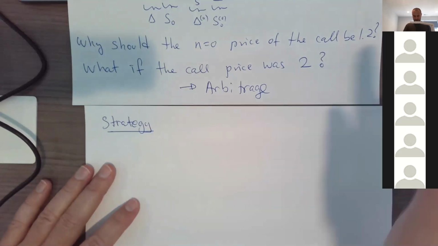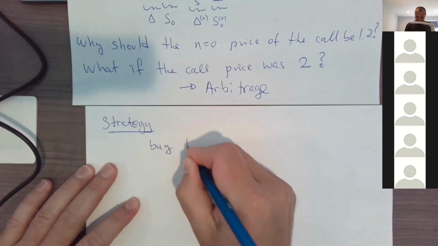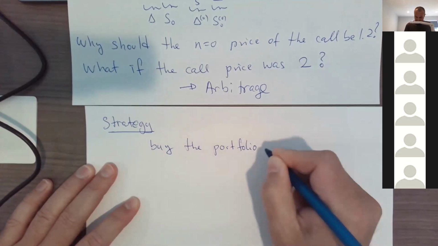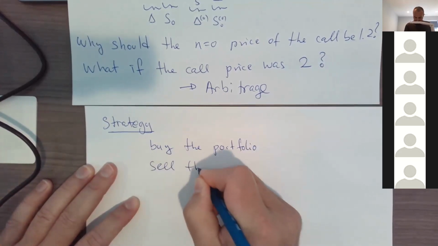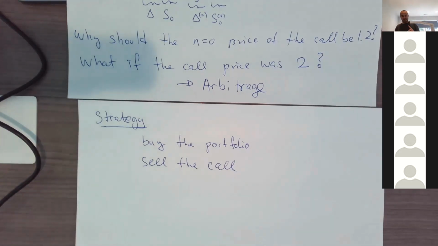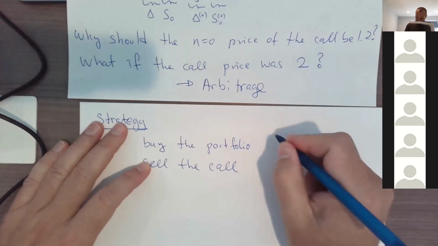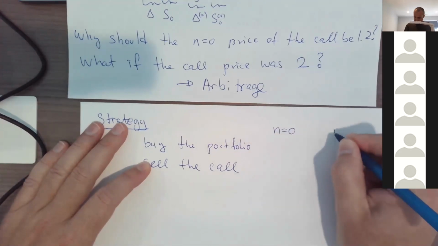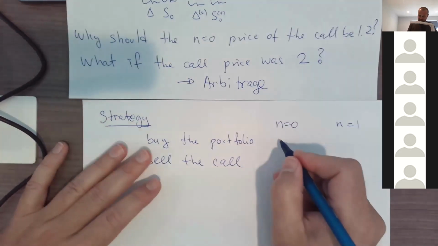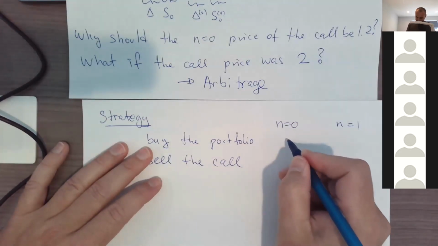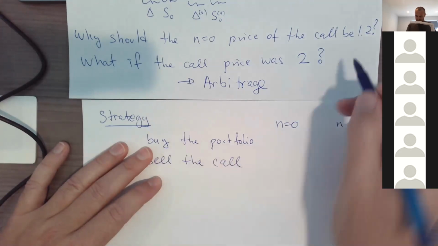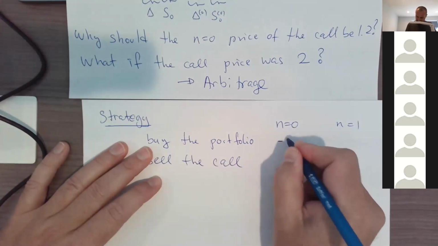Buy the portfolio, and you're going to sell the call. You're going to buy the portfolio. This is going to cost you money, so we're going to have time 0 and time 1. You're going to buy the portfolio. This is going to cost you 1.2, so I'm going to put a negative sign there.